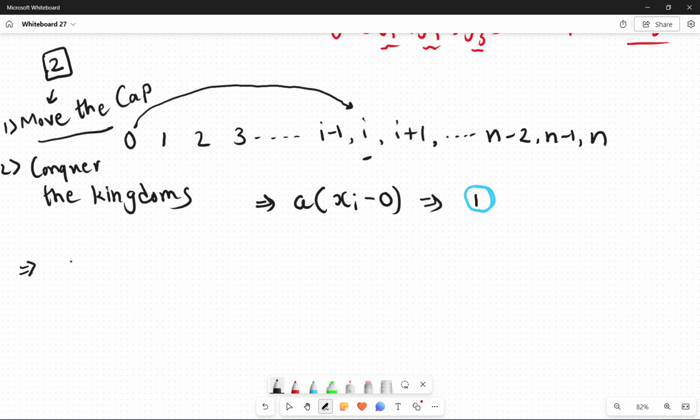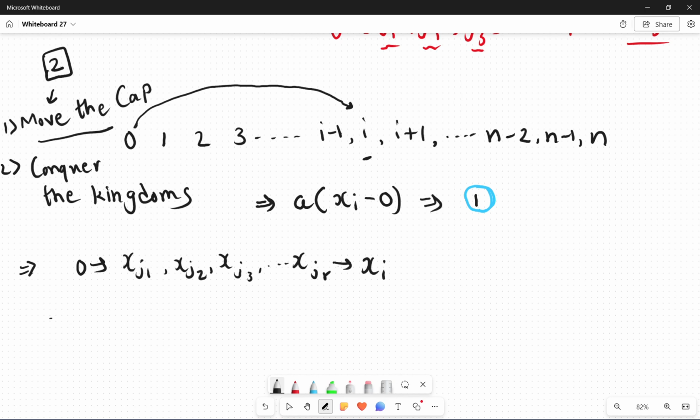So suppose you jump from 0 to xj1, then xj2, then xj3, and so on up to xjr, and then you jump to xi.